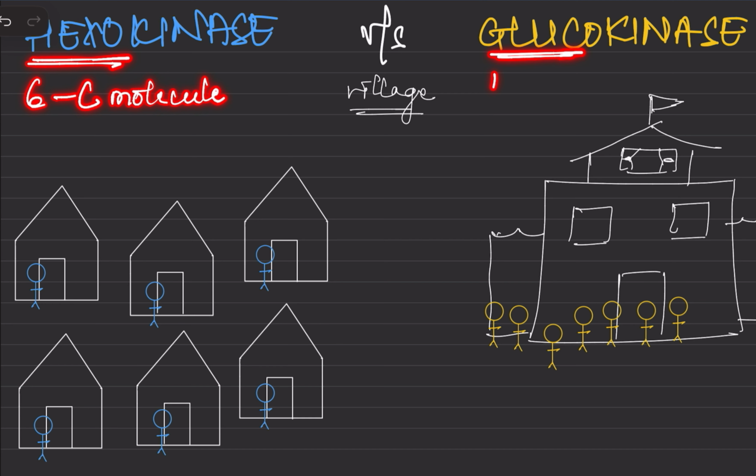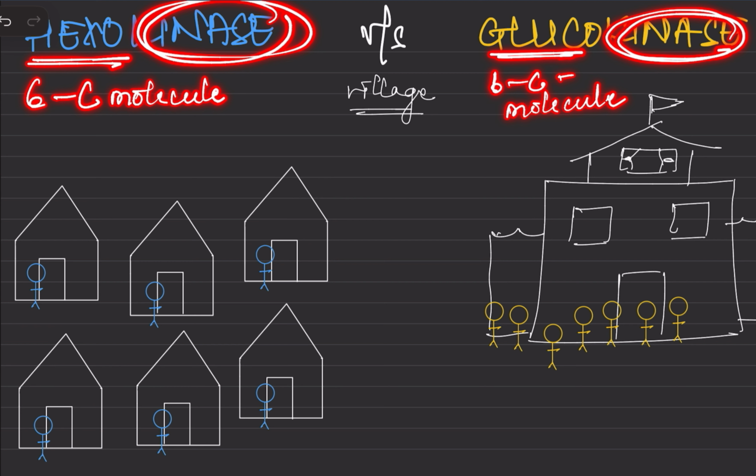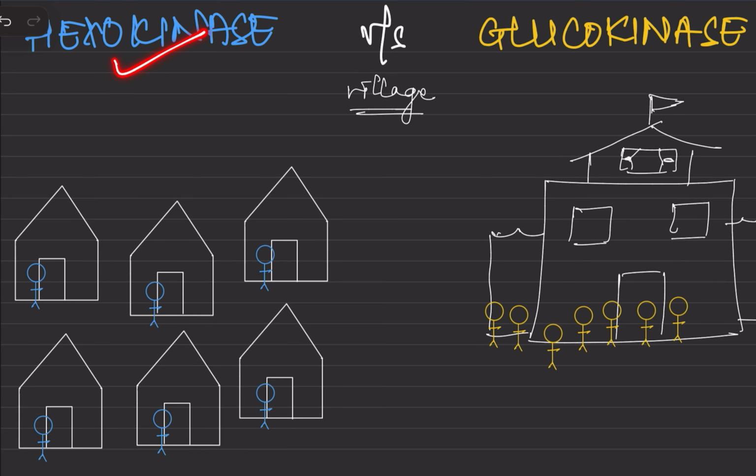Gluco is a 6-carbon molecule. Kinase, which is the common suffix, basically adds a phosphate group to our molecule. So both hexokinase and glucokinase add a phosphate group to our glucose.